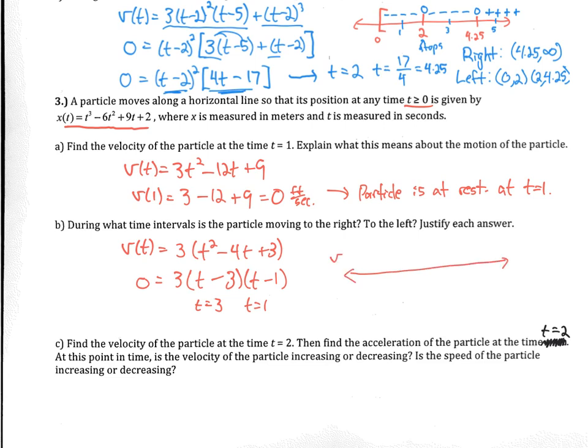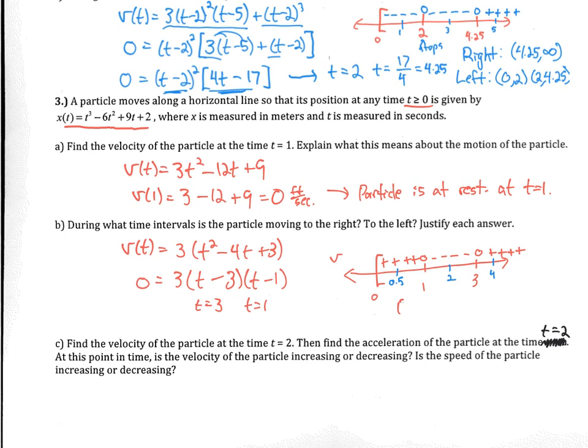So just confirming that we can still use a sign chart to find when the particle is moving to the right and to the left. We slap 1 on the time and 3 on the time. Velocity is 0 at both of those points, and we can plug in some test points into that. Say 0.5, 2, and 4. And if you plug those test points into the velocity, what you'll find is that the velocity is going from positive to negative to positive again.